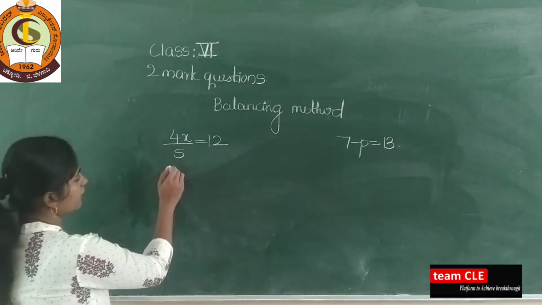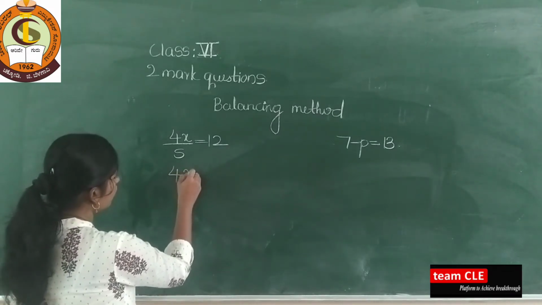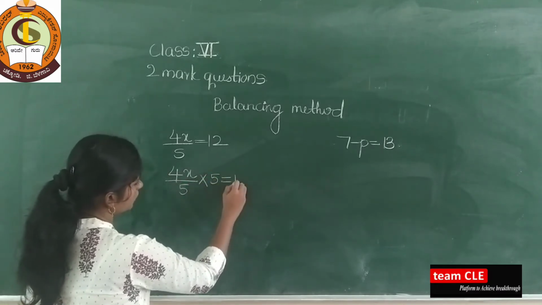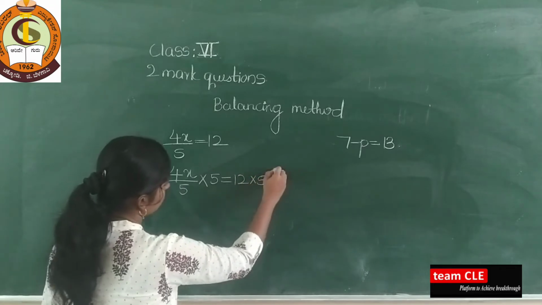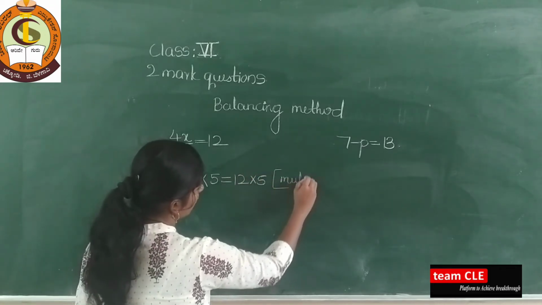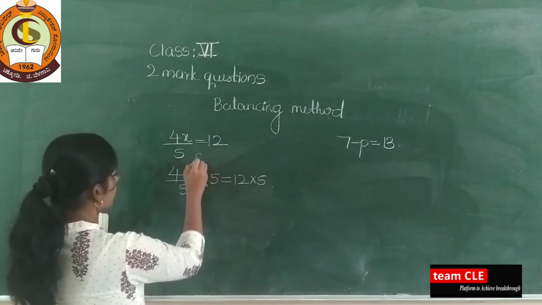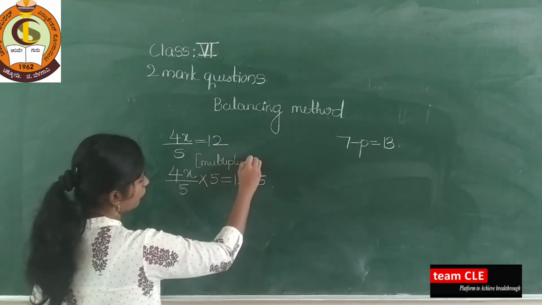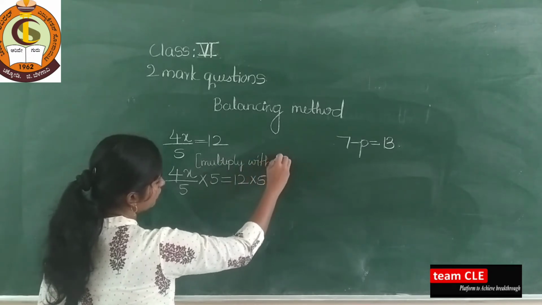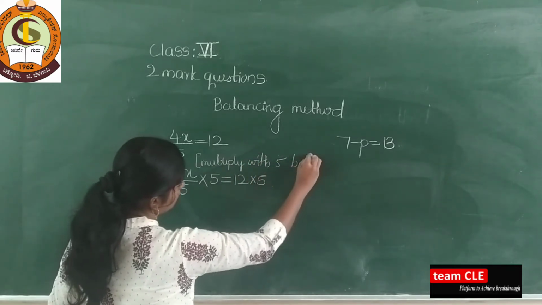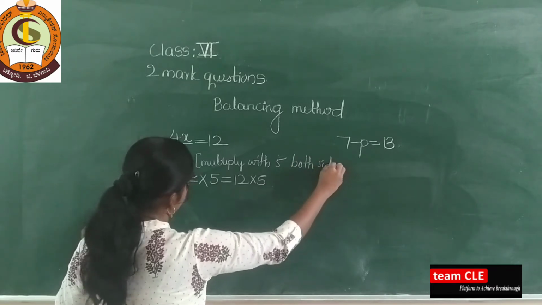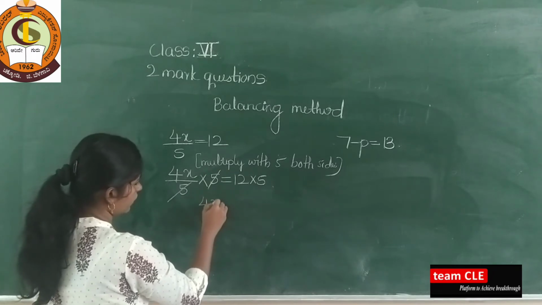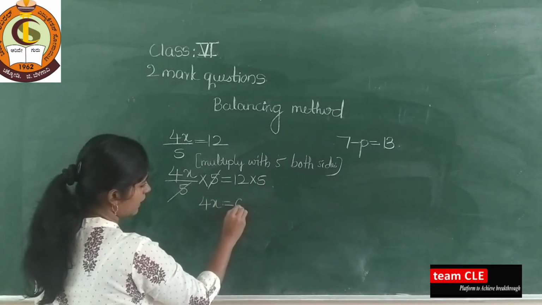Dear students, now here division is there, means you have to write 4x by 5 and 12 into 5. So in bracket you have to multiply both sides with 5. So this 5 cancels, take 4x is equal to 12 5s are 60.